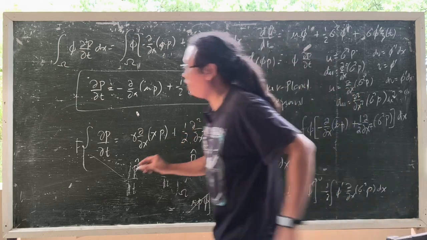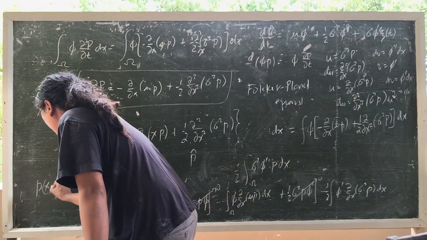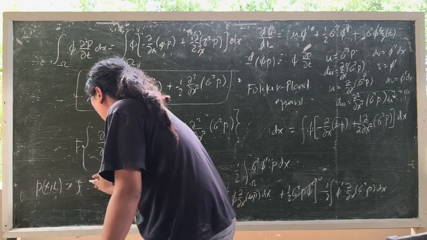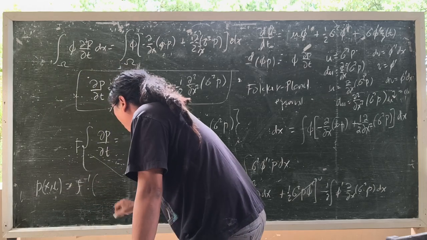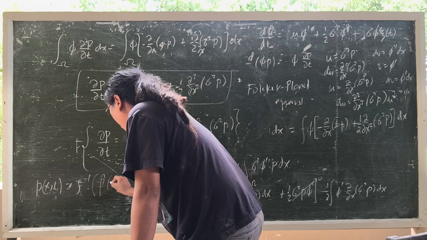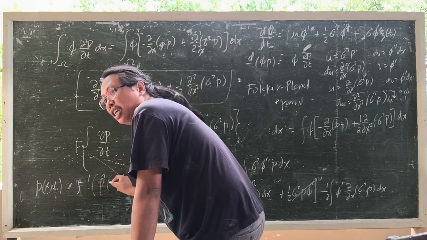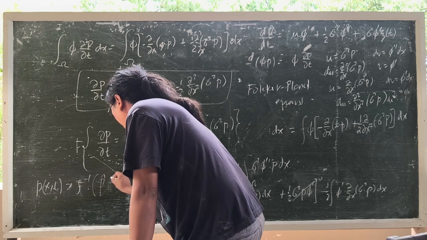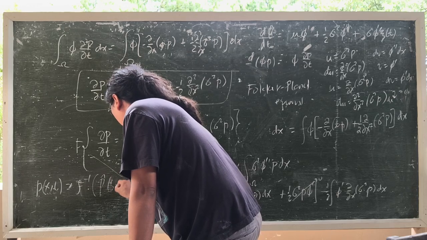Now, in order to get back to the solution P, apply the inverse Fourier transform. That means that P of x, t is equal to the inverse Fourier transform of P hat of k.